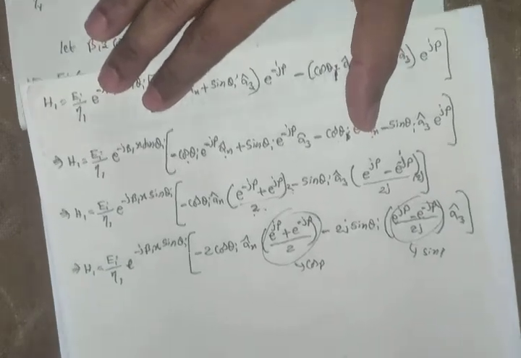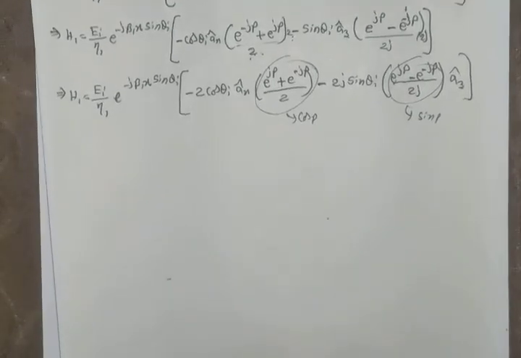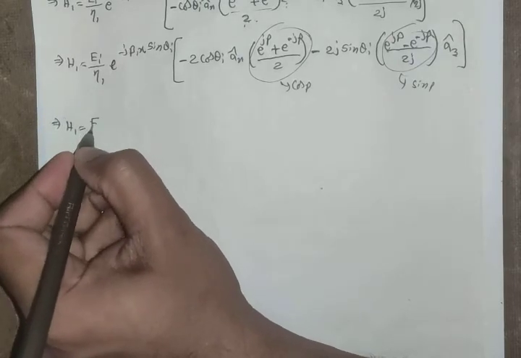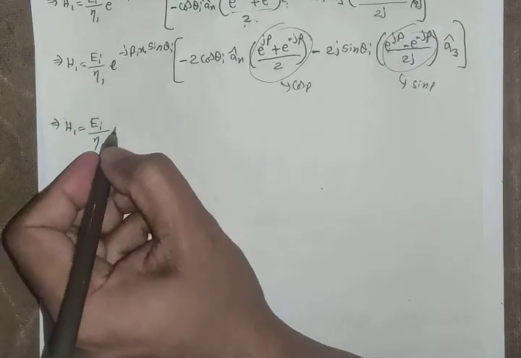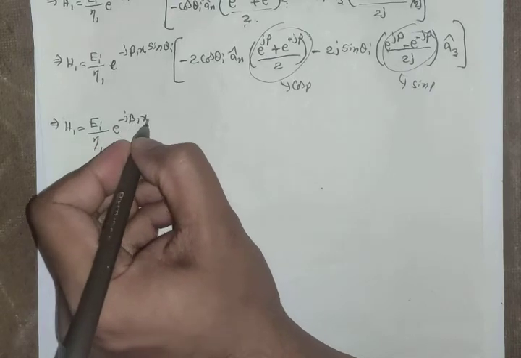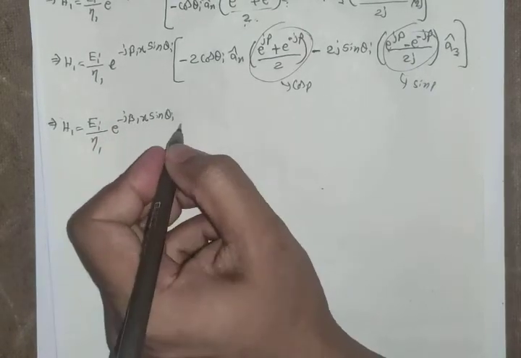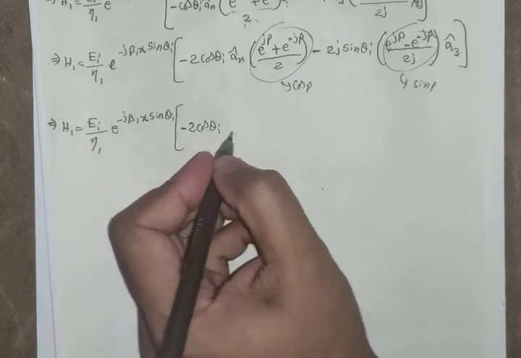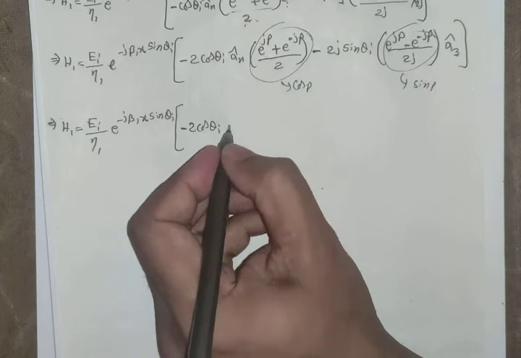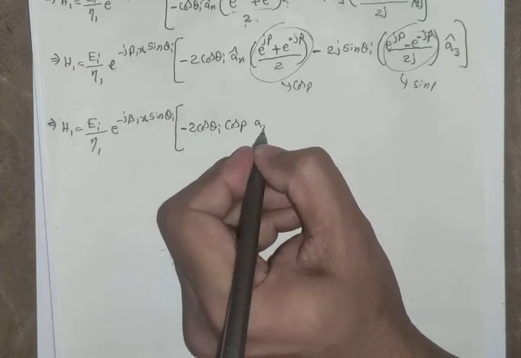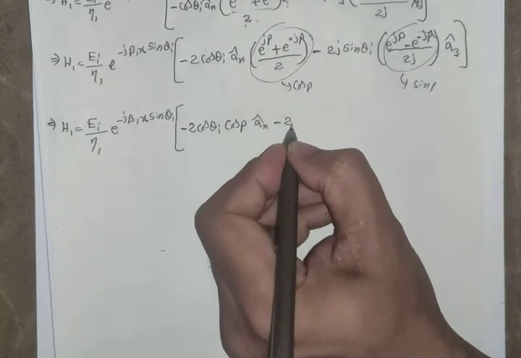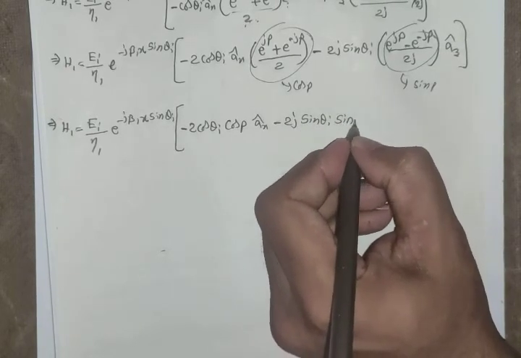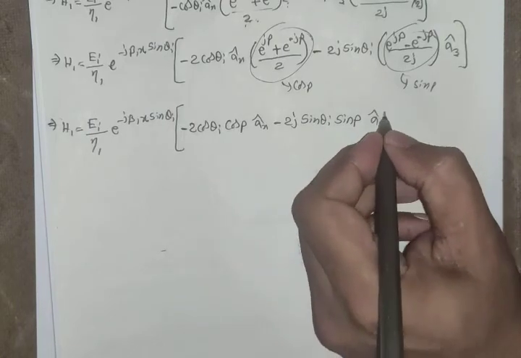Now substitute these terms here. The total magnetic field H1 equals Ei by eta 1 into e to the power of minus j beta 1 x sin theta i into minus 2 cos theta i, again cos p into ax cap, minus 2j sin theta i into sin p into az cap.